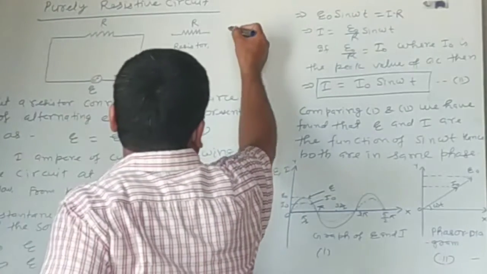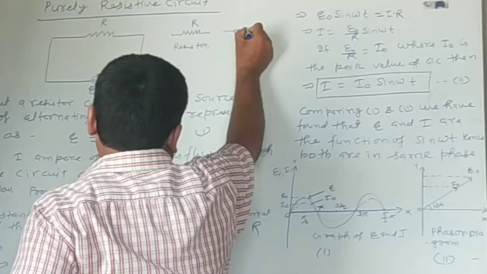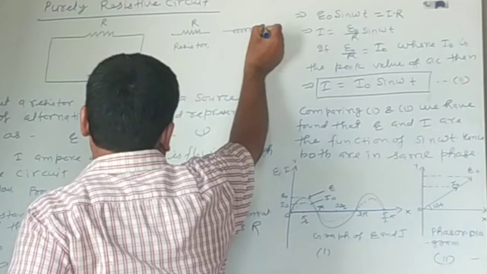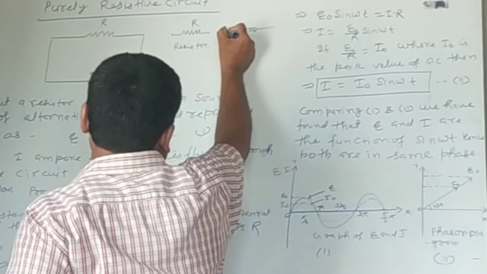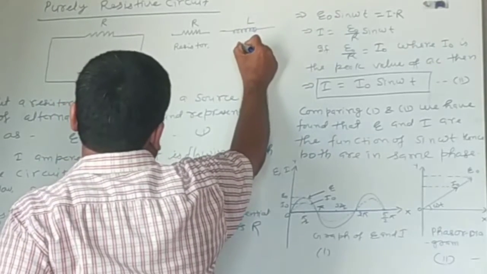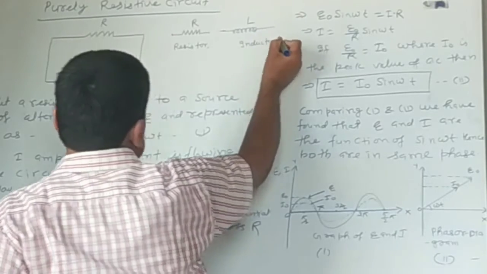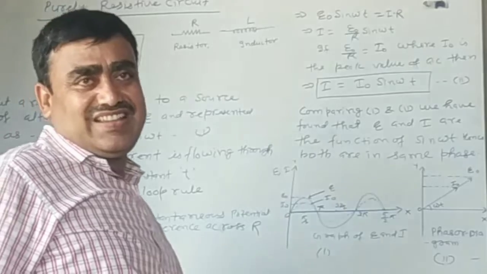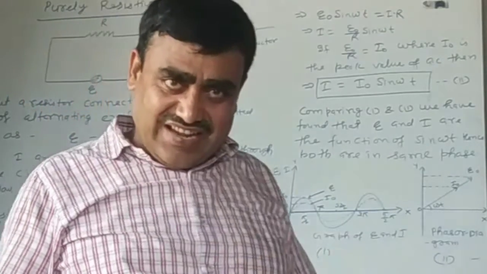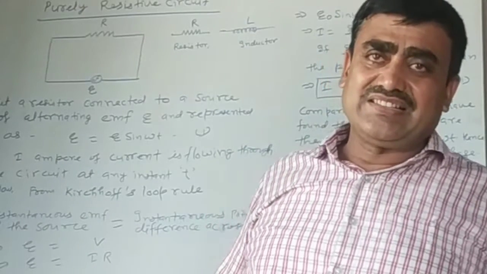And this is the symbol of inductor. An inductor has inductance L. Inductor has inductance, resistor has resistance.